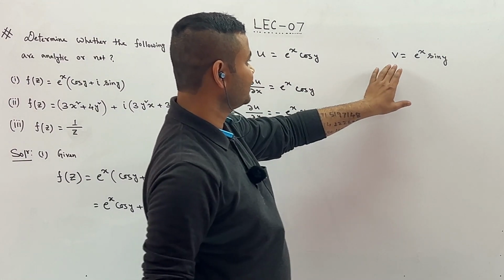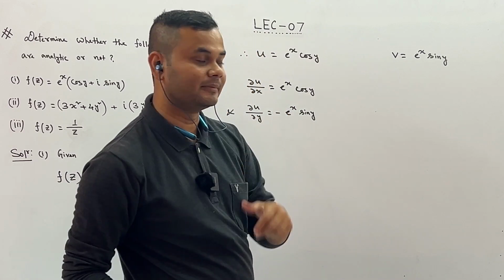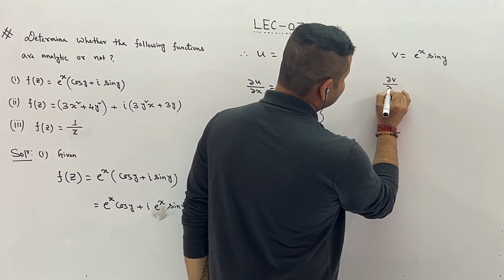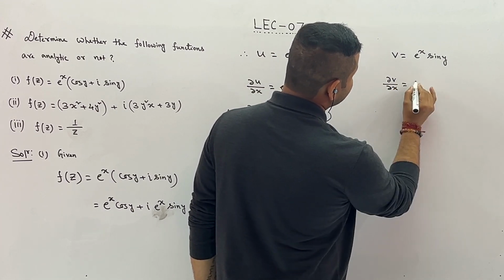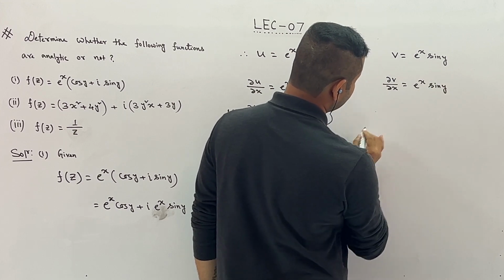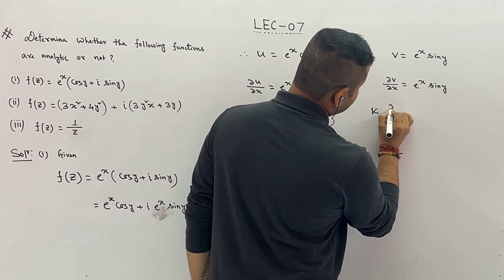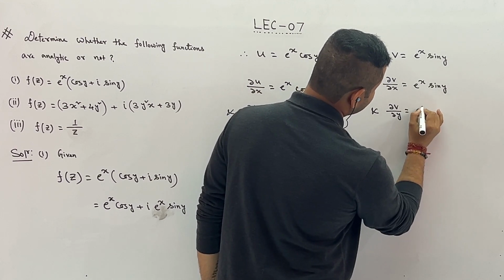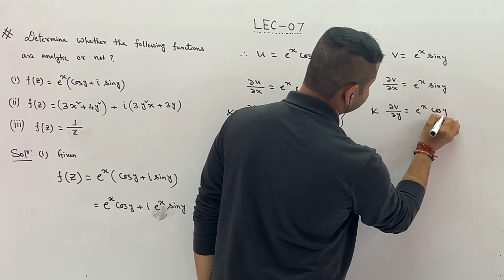Next let us calculate del v by del x and del v by del y. So here del v by del x is equal to e to the power x into sin y, and del v by del y is equal to e to the power x into cos y.